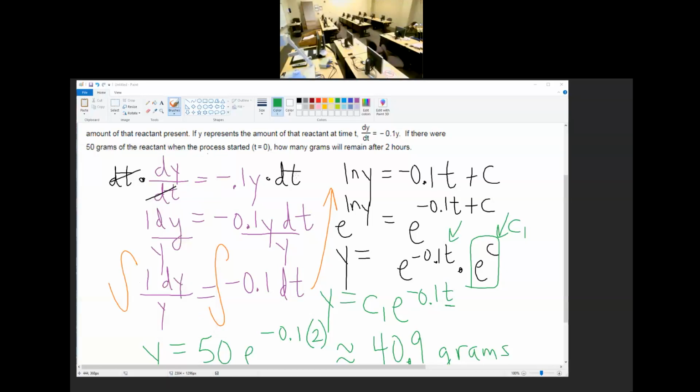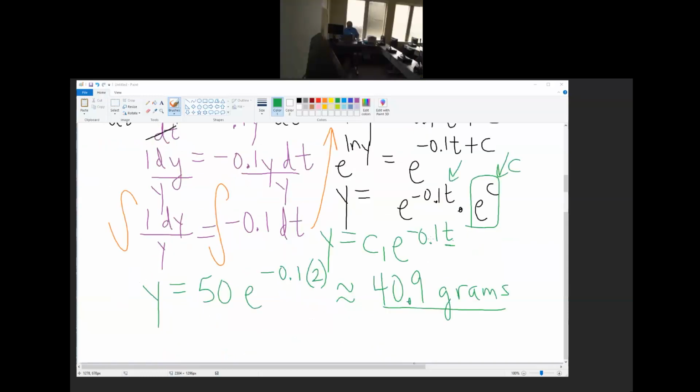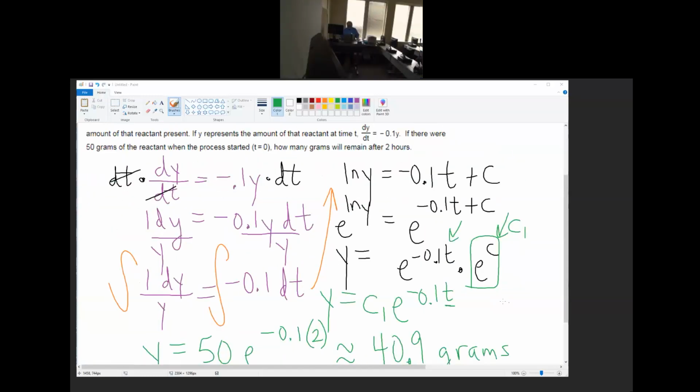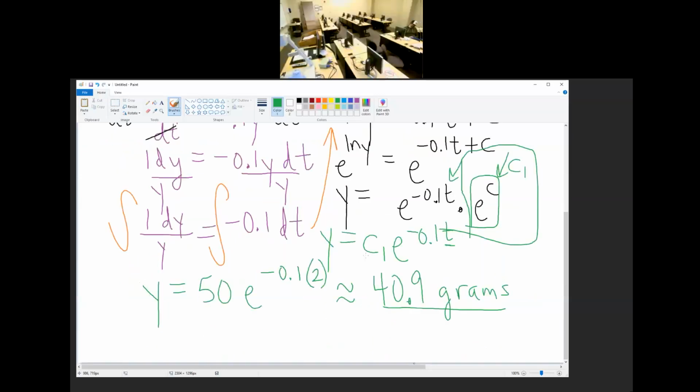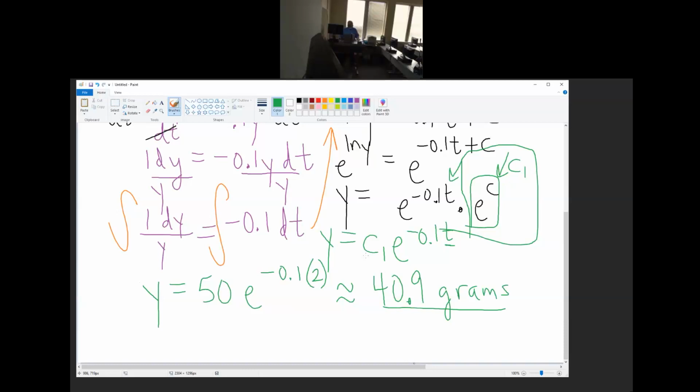So yeah, I'm glad you asked, and the answer is wait until the very end. Change this part to another thing, to C sub 1. And then you'll plug in everything and you'll be just fine.